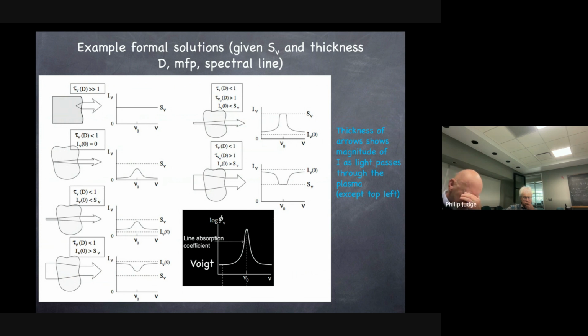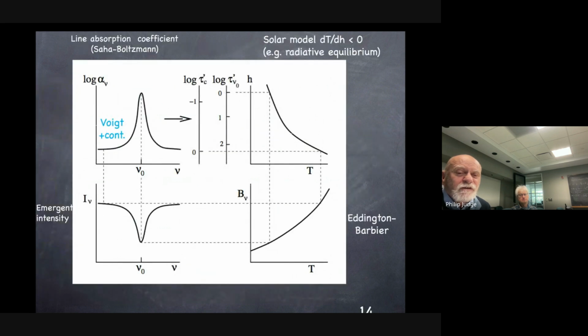A flat source function means simply that either in LTE, the structure of the object is all at the same temperature, or it means that it's managed to arrange itself so that it's not in LTE, but we have an isothermal region that's resulted from the energy balance of, say, a high magnetohydrodynamic calculation that mimics something that looks like a flat thing. So those are very special conditions which aren't usually met in astronomy and certainly not in the atmosphere of the Sun. Okay. But hopefully this is a useful guide to how things work.